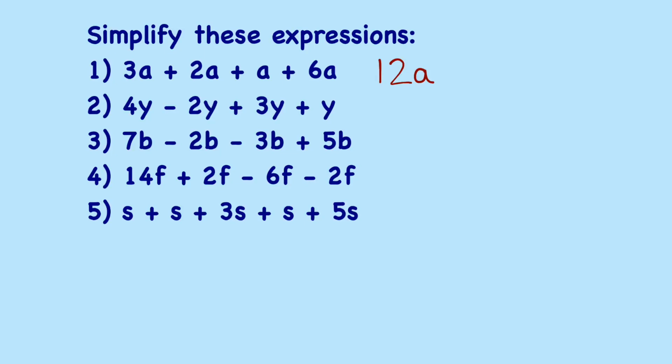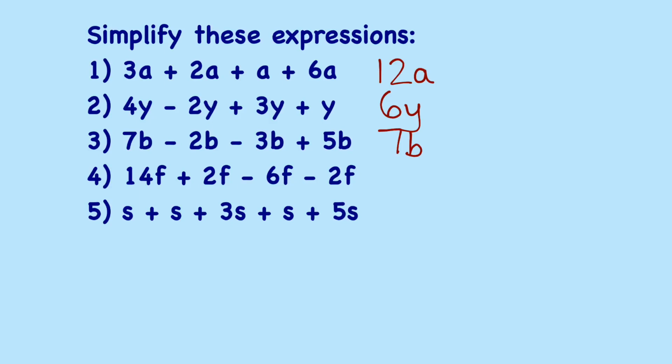Question 2. 4y take away 2y, so we can do this as we go along, so 4 take away 2 is 2, plus 3y is 5, plus another y is 6, so we have 6y. 7b take away 2b, that leaves us with 5b, take away 3b, that's 2b left, plus 5, so that's going to be 7b.